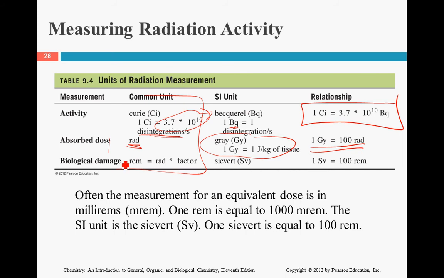Then rem, which is probably the most common that I've seen in biological senses, is the rad multiplied by a factor based on how deep the penetration is, with whatever type of radiation it is. So an alpha particle would have a different factor than a gamma particle.